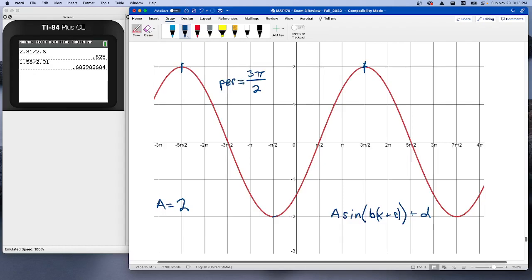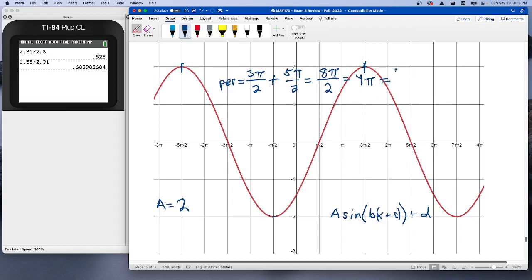And then from this point to here, even though it's negative, it's 5 pi over 2 from here to 0. So that's the distance. You could subtract a negative, however you want to do it. We're going to add 5 pi over 2. When we add these two together, they have a common denominator already. So that stays 2. We don't add the 2 to 2 and get 4. These are fractions, common denominator of 2. But then we do take 3 plus 5. We get 8 pi. 8 divided by 2 is 4. So our period is 4 pi.